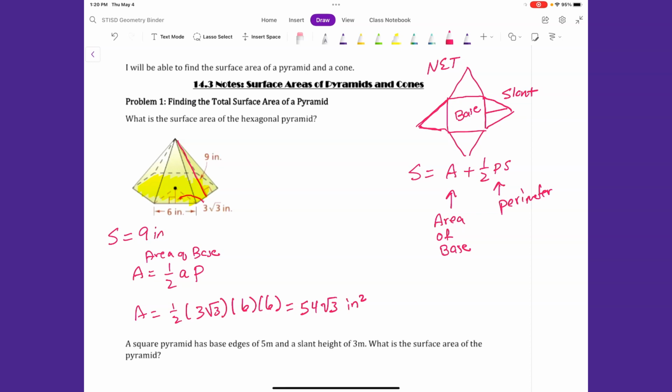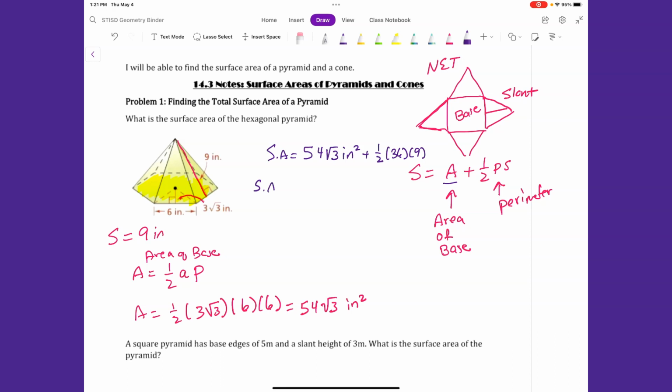So now we're going to find the surface area. The surface area is the area of the base, which we already found, 54 times the square root of 3 inches squared, plus 1/2 the perimeter of the base, in this case 36, times the slant height, in this case 9.